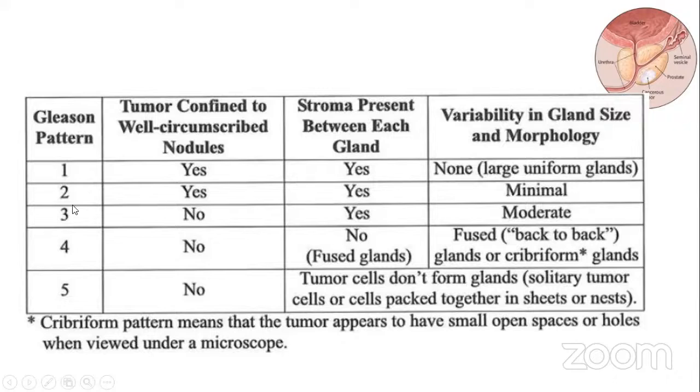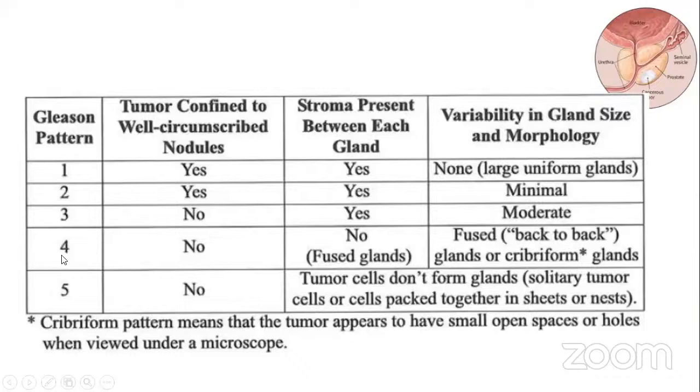Gleason 3: the tumor is not confined to well circumscribed nodules, it has irregular nodules, and yes, stroma is present between each gland, and here we have moderate variability in the gland size and morphology.